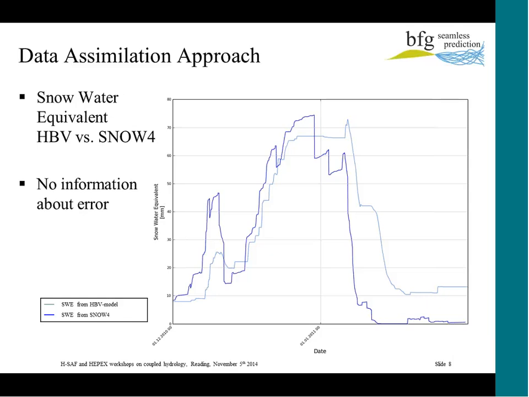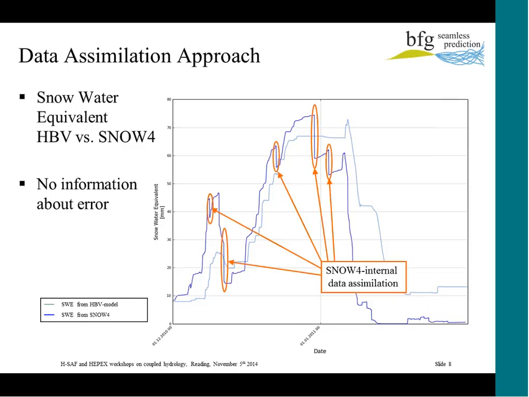Here you see the HBV snow water equivalent in light blue, as well as the SNOW4 snow water equivalent in dark blue. And the jumps you can see at these positions, which appear when a certain error threshold inside the model is met. And since the German Weather Service does not publish any information about the evolution of the model error, we cannot tell when those jumps occur. So somehow we have to deal with that.